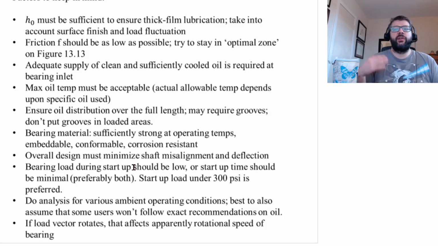If you start up with a low load and then increase once you get up to speed, then that significantly decreases the amount of wear that'll occur during startup.